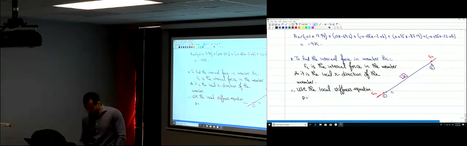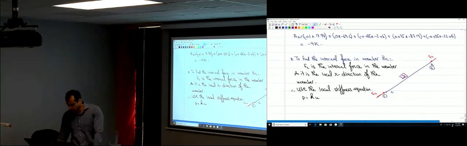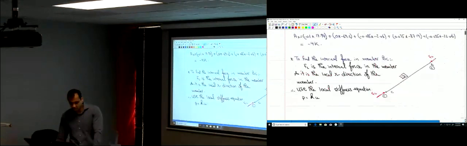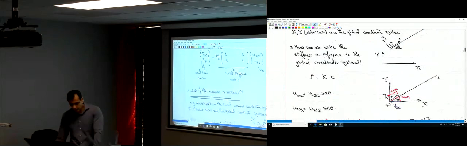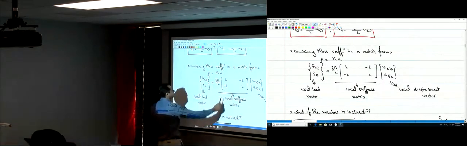P is small, k small, and u small. P equals ku. That's what we had here. That was the local stiffness equation.